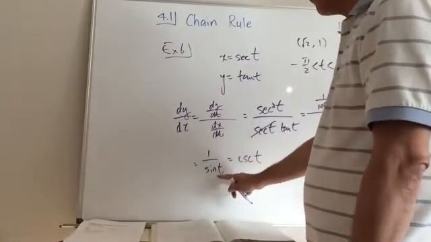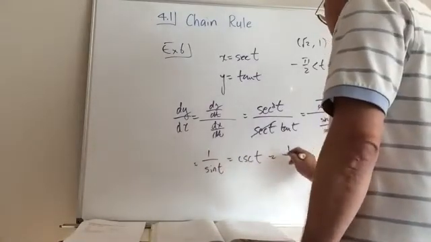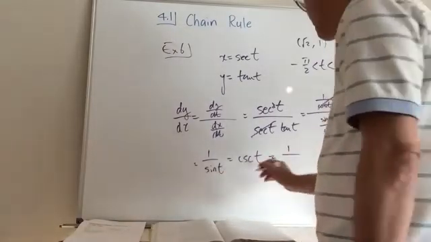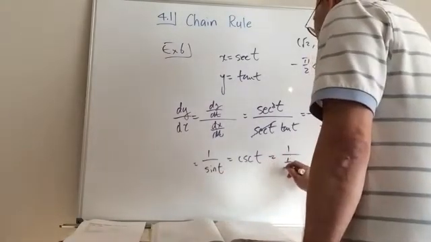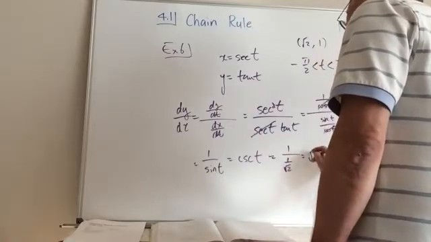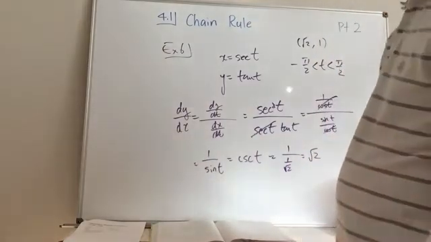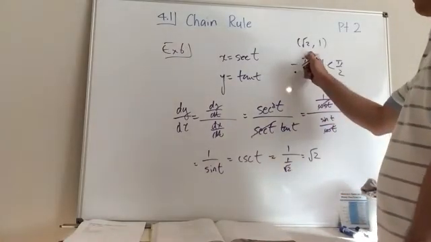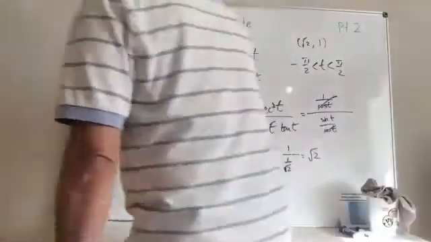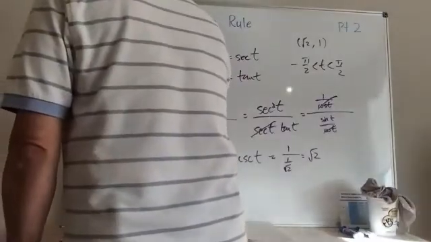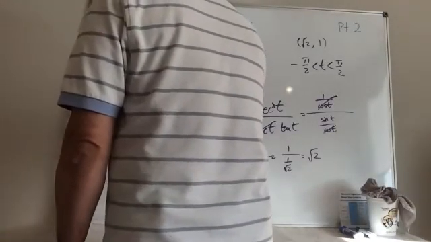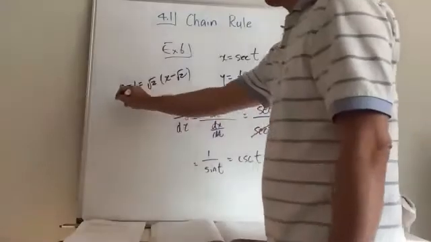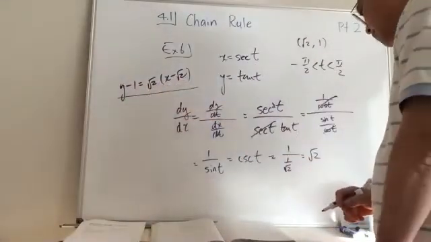This is equal to 1 over sine t, and sine pi over 4 is 1 over root 2. So basically root 2. So the slope is root 2. The point is this one. So I'm going to write y minus 1 equals root 2 times x minus root 2. And that is your answer.